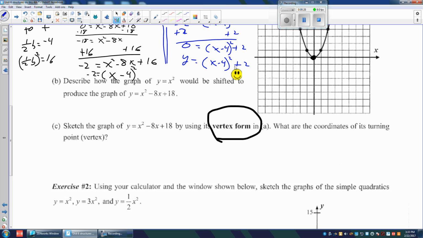Vertex form. So y equals x minus 4 squared plus 2. Here, opposite, opposite. Here, same. Okay, this is left and right.